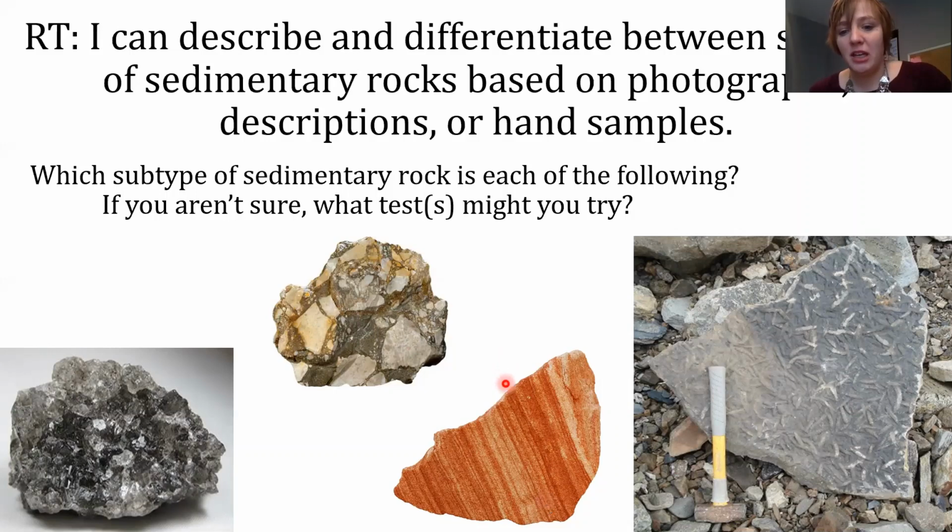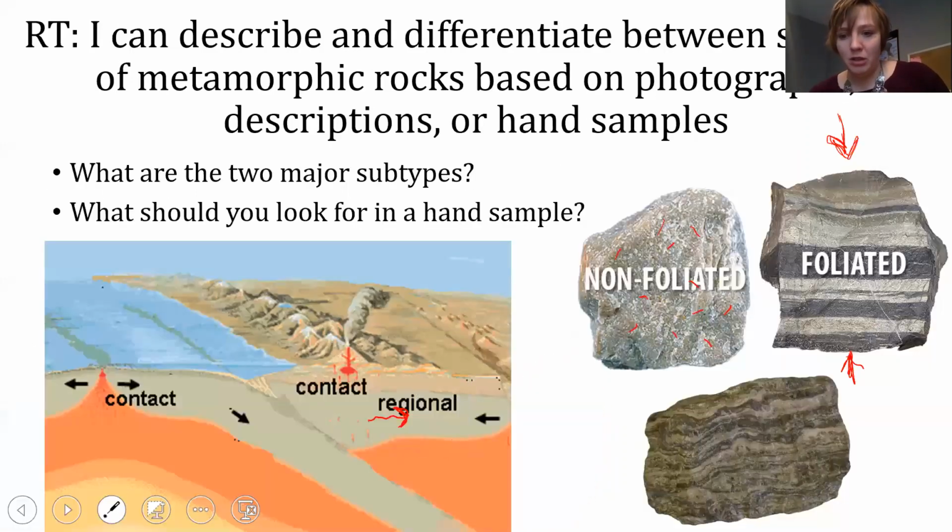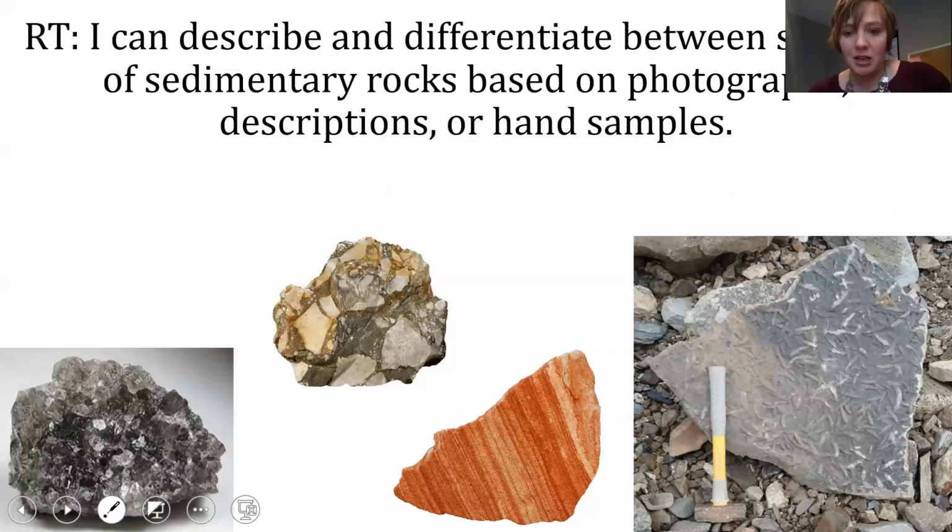Another difference is that sedimentary rocks, when you look at them, they should just look like they're easier to break. They're less crystalline. So if you compare this rock to this one here, hopefully this just looks sort of more crystalline to you, and this looks like maybe if you whacked it really hard, you could break it.